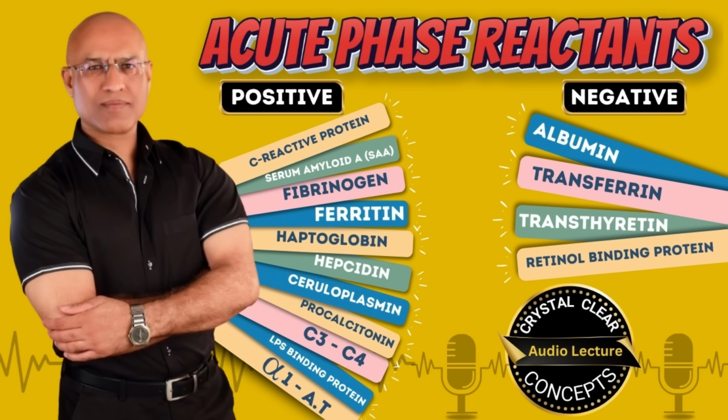Ferro, F-E-R-R-O, ferro, P-O-R-T-I-N, ferroportin. So in the duodenum, in the mucosal cell, on their basolateral membrane, what is there? Ferroportins, which transfer the iron from the mucosal cells of the GIT to the blood.